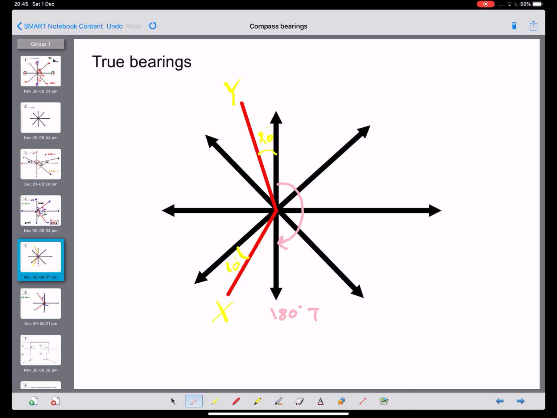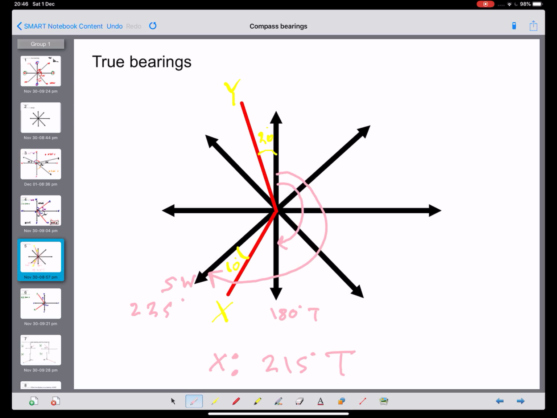If we measure all around here, this is southwest, which was 225. Now X is 10 degrees before 225. So I'm going to write this down below. I'm going to use a little colon, and I'm going to say that 10 degrees before 225 is 215 degrees true bearing.